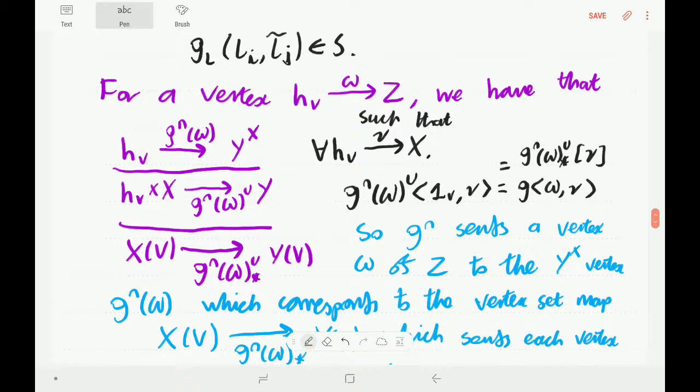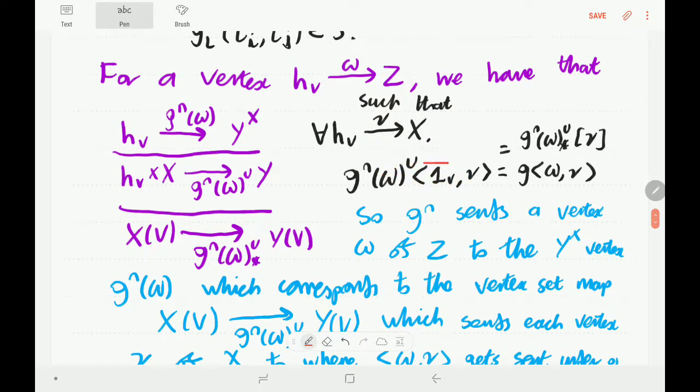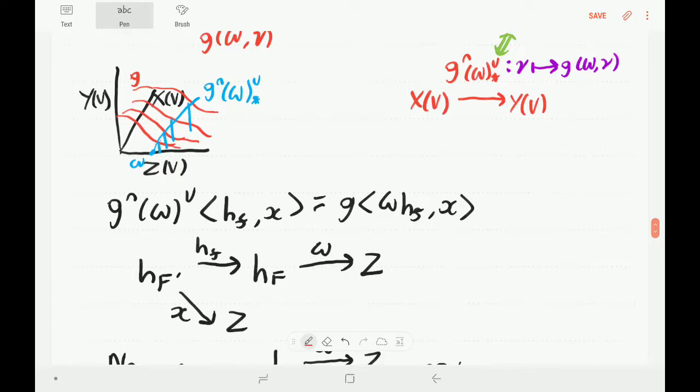Well, it's going to correspond to this function from the vertex set of x to the vertex set of y, which operates on any given v to give g of w, v. So it's like this kind of slice picture I've shown down here.